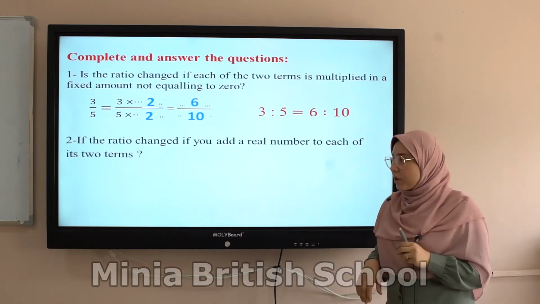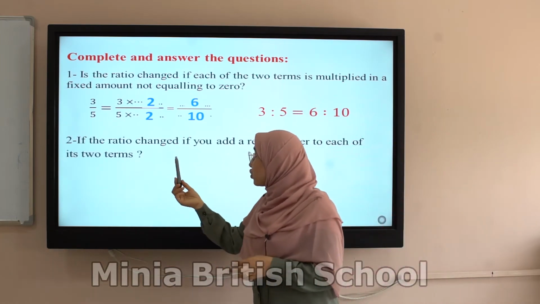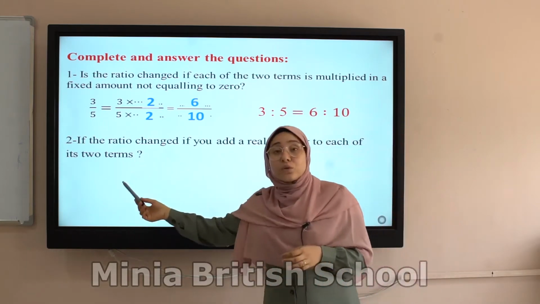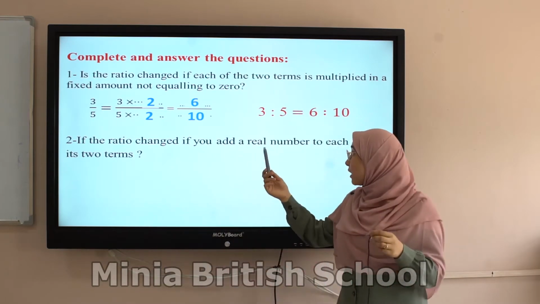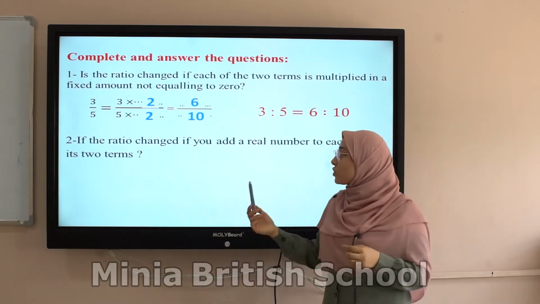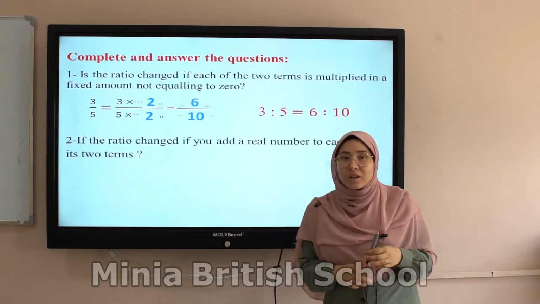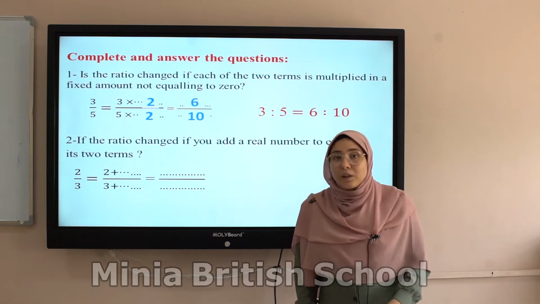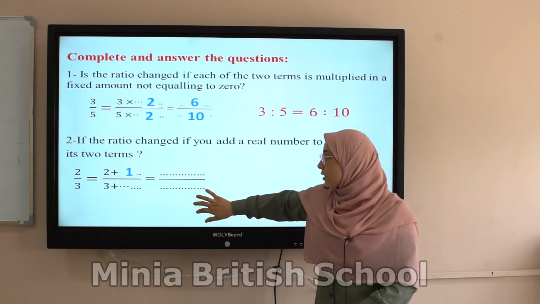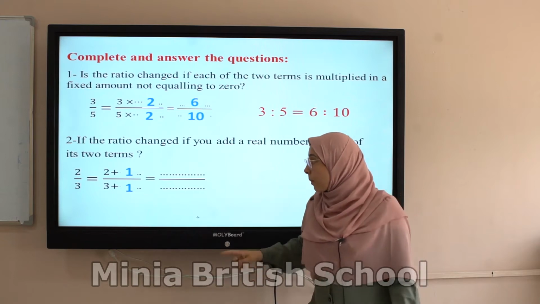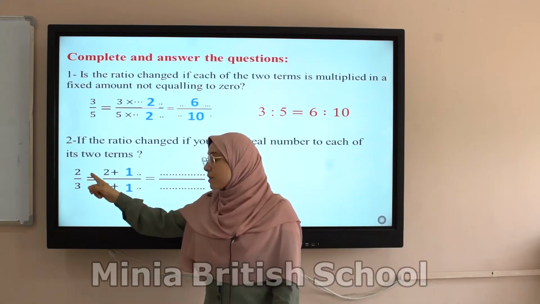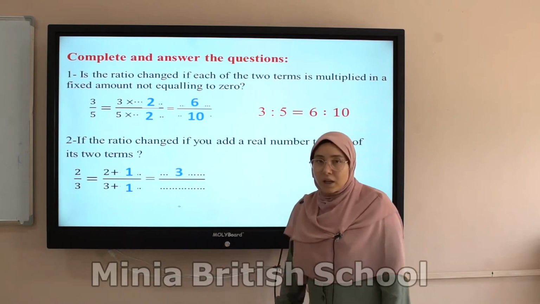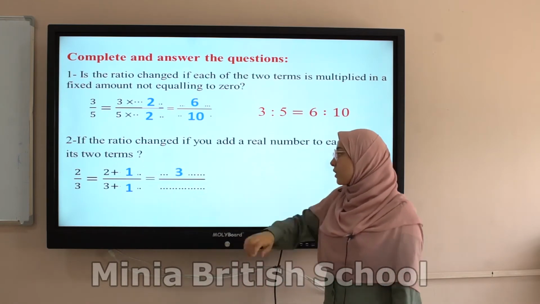The second question: does the ratio change if you add a real number to each of its two terms? I will add a real number to each of its two terms, like 2 to 3. Here I will add the number 1 to the two terms of this ratio. So 2 plus 1 equals 3, and 3 plus 1 equals 4.